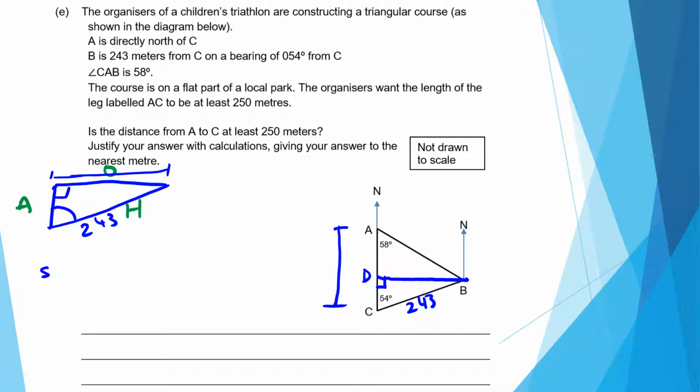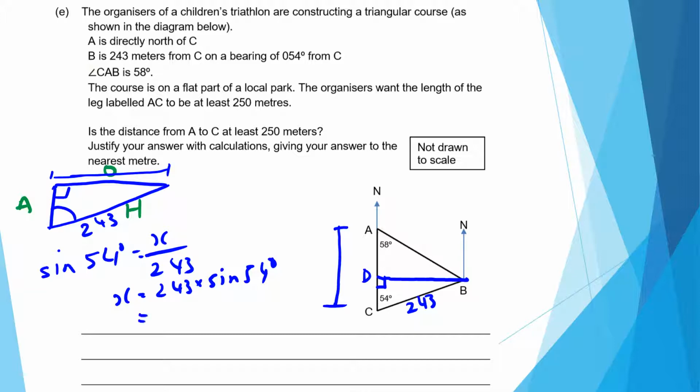We're going to use sine of 54 degrees equals, let's call it x over 243. So 243 times sine of 54 gets us 196.6.